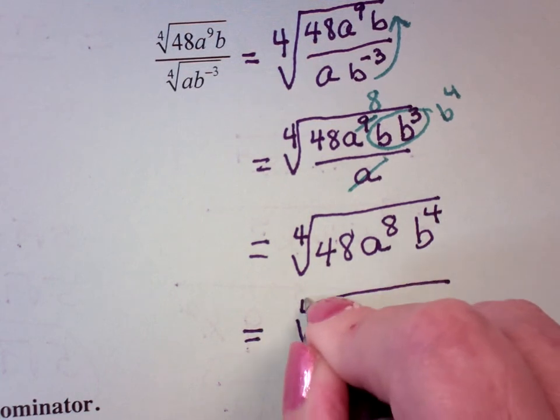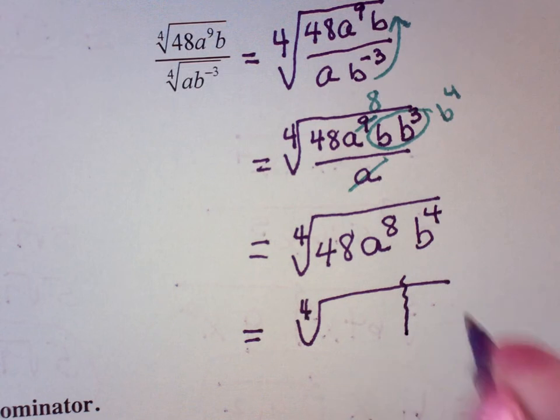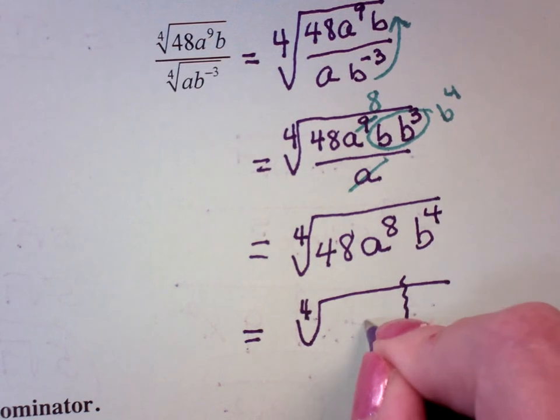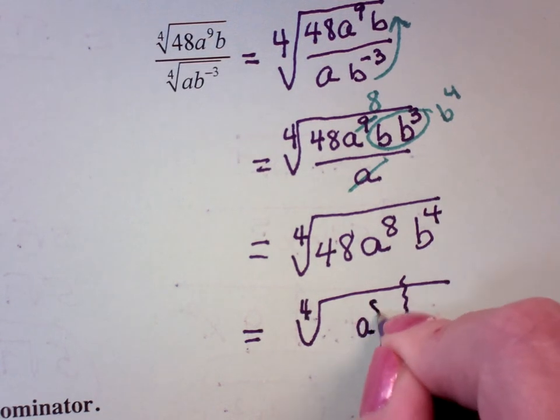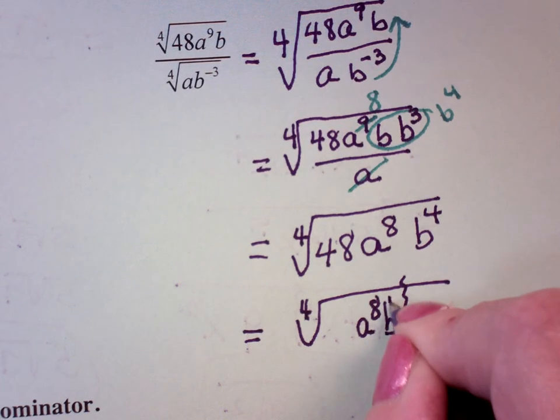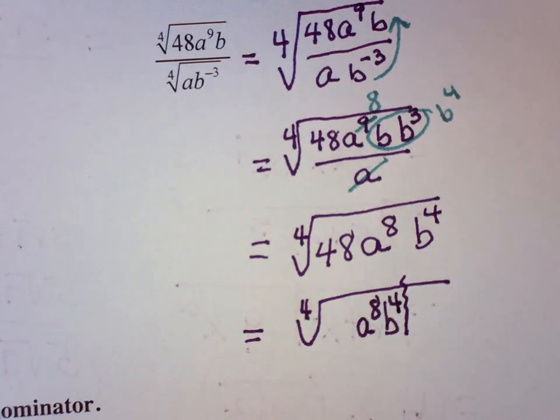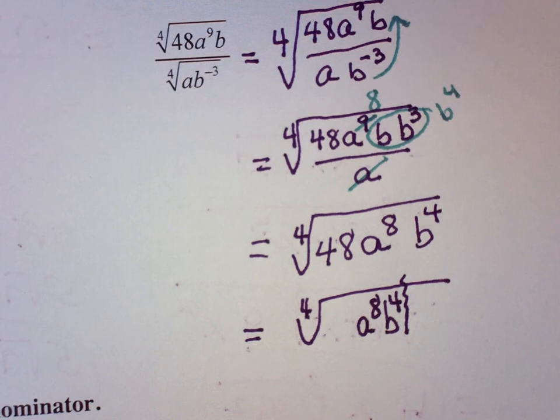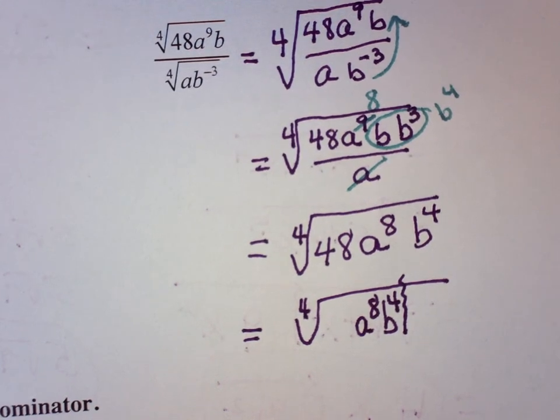So I have the fourth root, and a to the 8th is a perfect fourth, b to the 4th is a perfect fourth, but 48 is not. So I look for my handy dandy powers table to help me out.